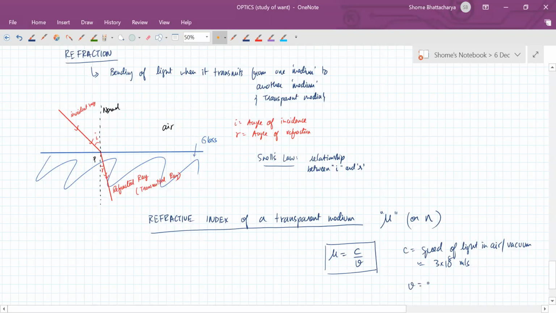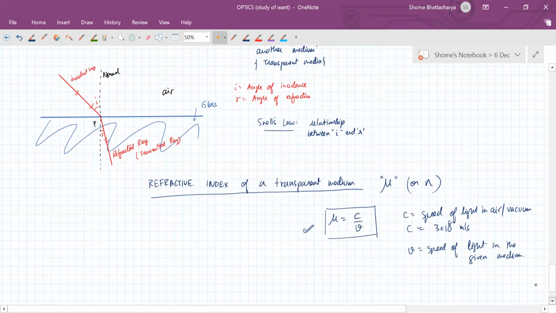And v is the speed of light in the given medium. So if you're not familiar with this formula, just make sure you understand this one. We'll come back to Snell's law. First, make sure you understand the definition of refractive index.